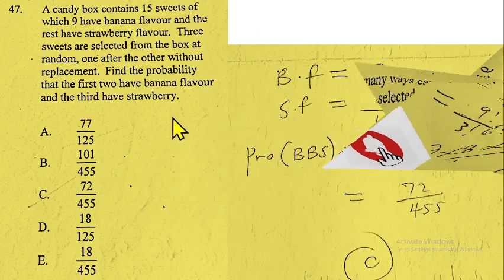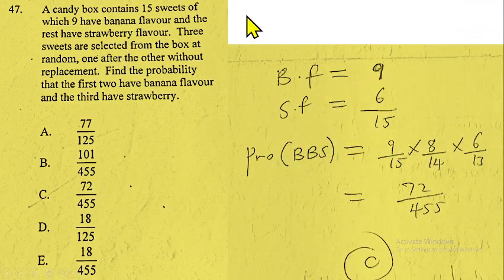Next question now is question number 47, and that is on probability as well. A candy box contains 15 sweets of which 9 have banana flavor and the rest have strawberry flavor. 15 sweets altogether, 9 banana flavor. So that means strawberry should be 15 minus 9, that will give us 6. 3 sweets are selected from the box at random, one after the other without replacement.